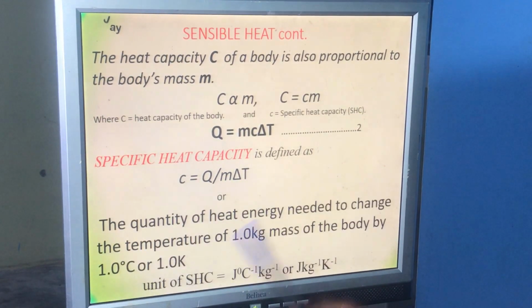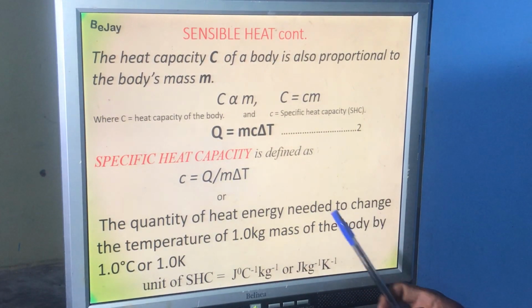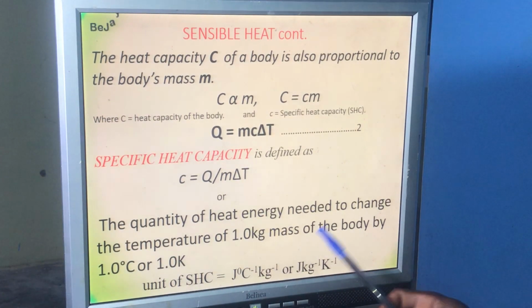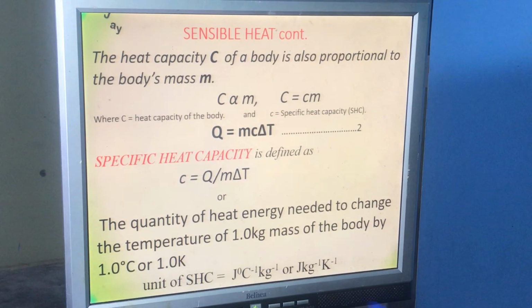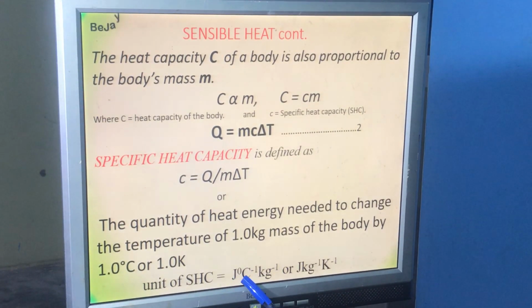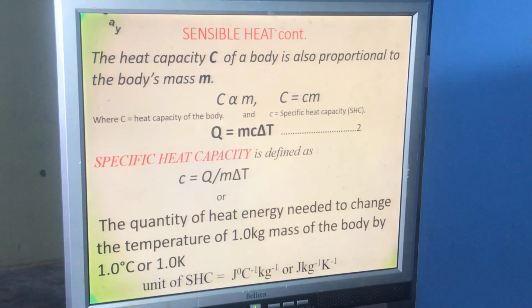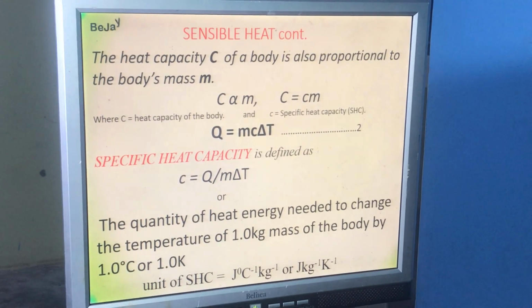Or you can define it in words: the quantity of heat energy needed to change the temperature of 1 kilogram mass of a body by 1 degree Celsius or 1 Kelvin. The unit for specific heat capacity is joule per kilogram per degree Celsius or joule per kilogram per Kelvin. Take note of this. Good.